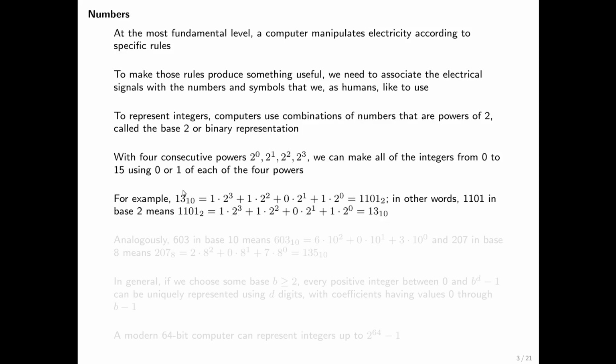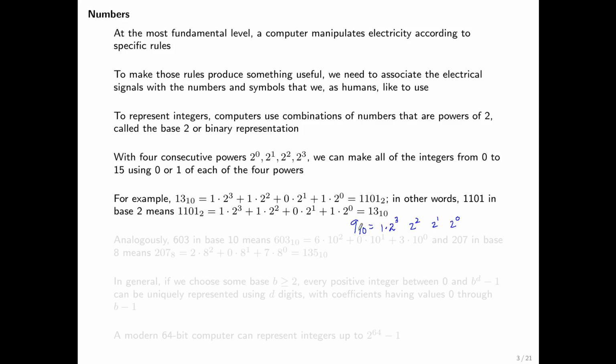Let's take another example. Let's say we want to represent the number 9 in binary. So 9 in decimal can be written as some combination of the powers of 2. I'm going to write the powers of 2 here. So the question is, how much of 2 to the 3, or 8, do we need? Well, I'll take 1 of that.